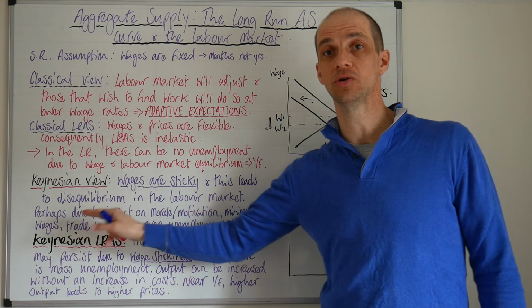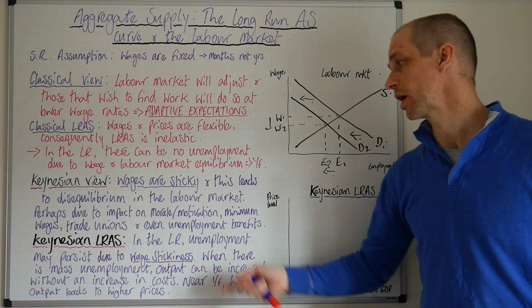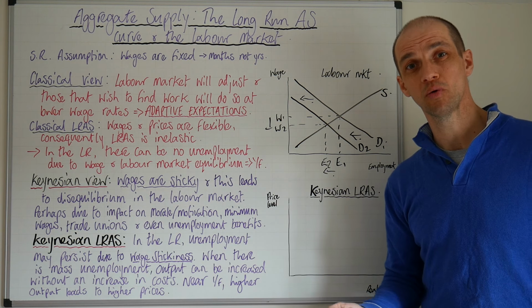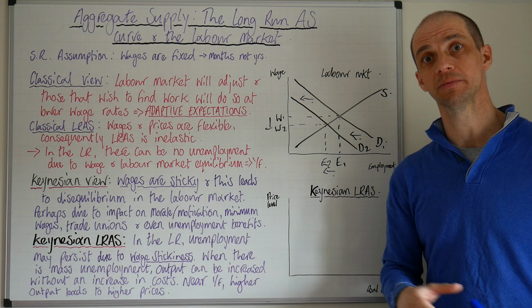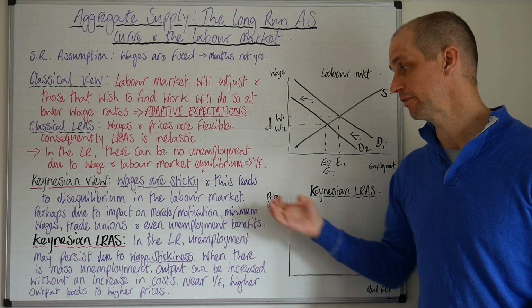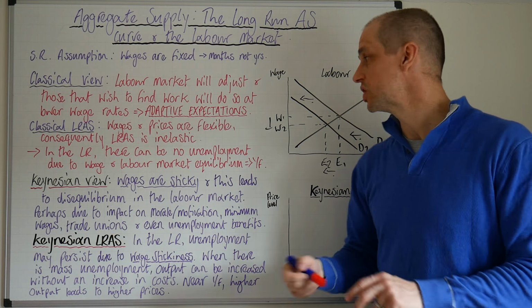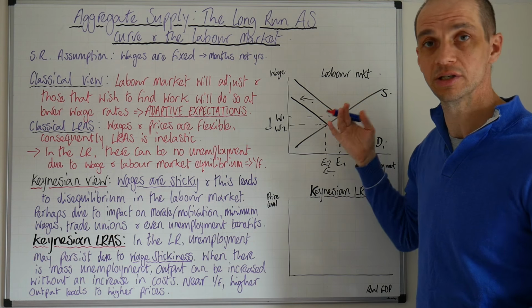It could also be due to minimum wages, Keynes argued, trade unions, and even unemployment benefits. So actually there may be some people who just opt to become unemployed because they can get sufficient benefits so that they can continue to survive, really, economically speaking.